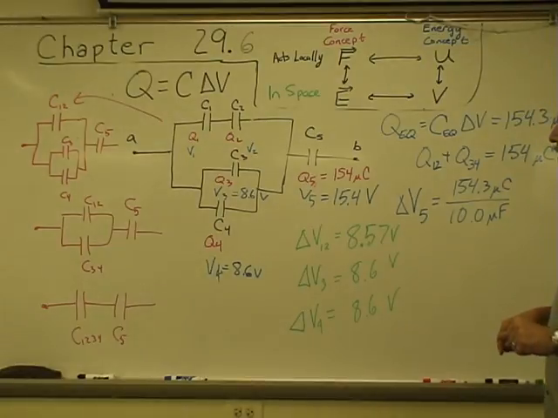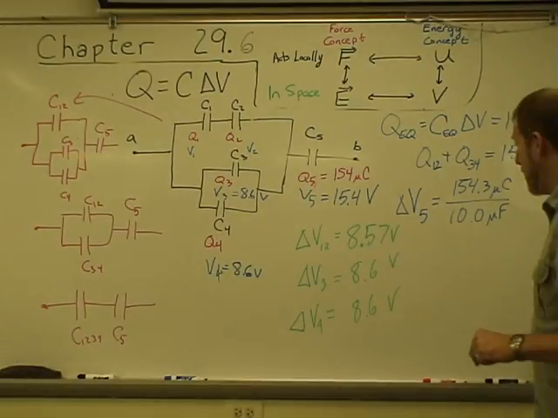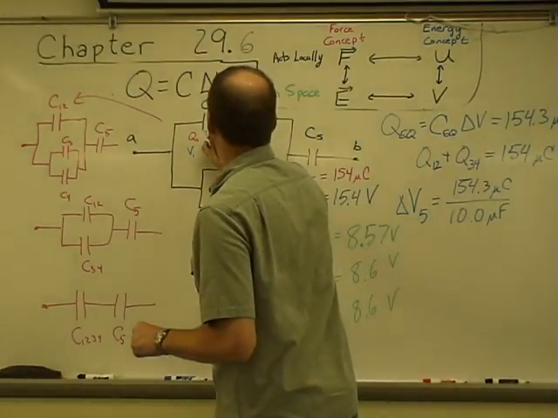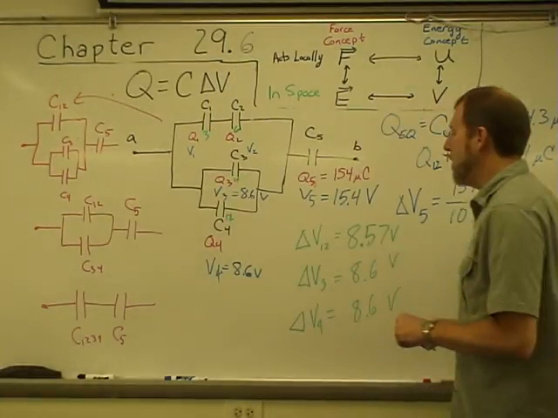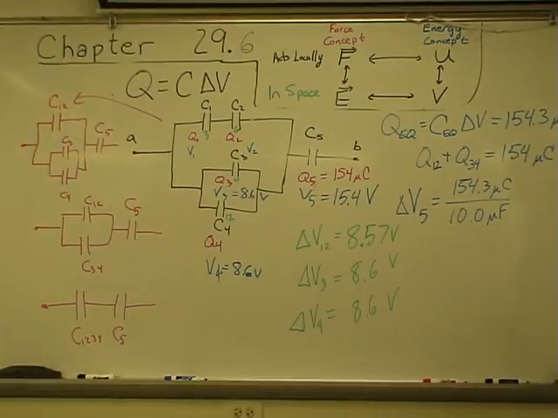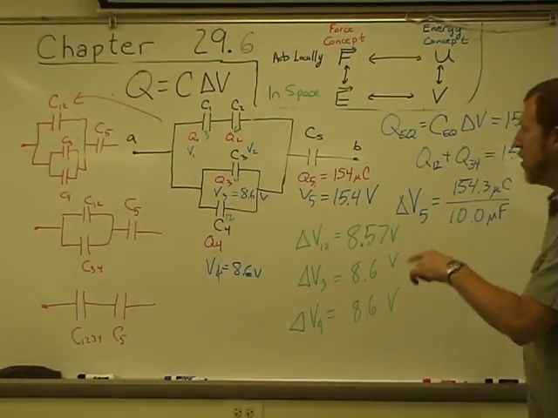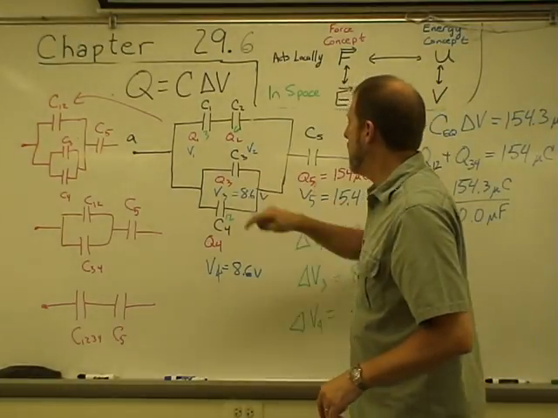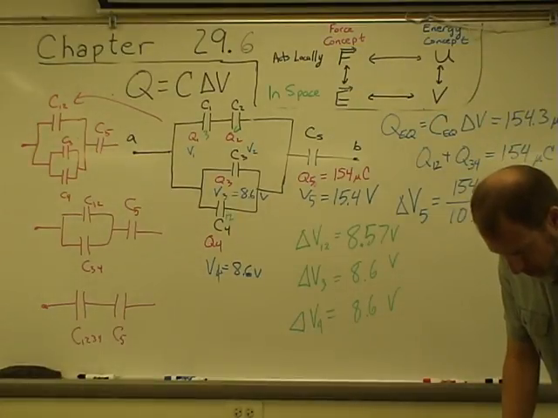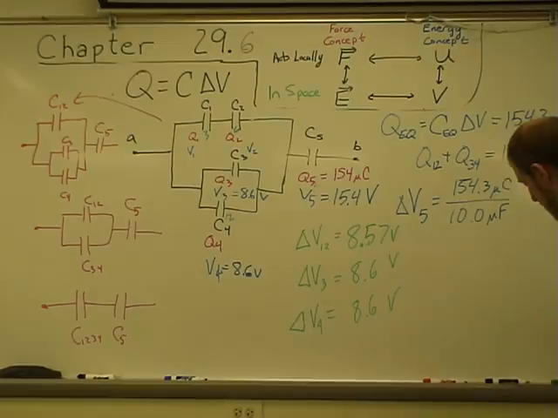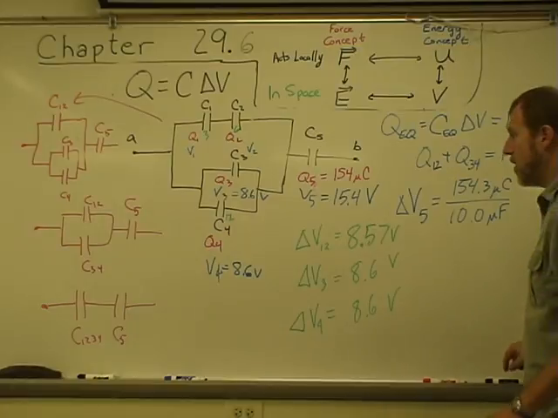Probably should have written that down more carefully. If I do this assuming 3, 6, I think 4 and 12, then the charge stored on capacitor C3 is 34 microcoulombs.